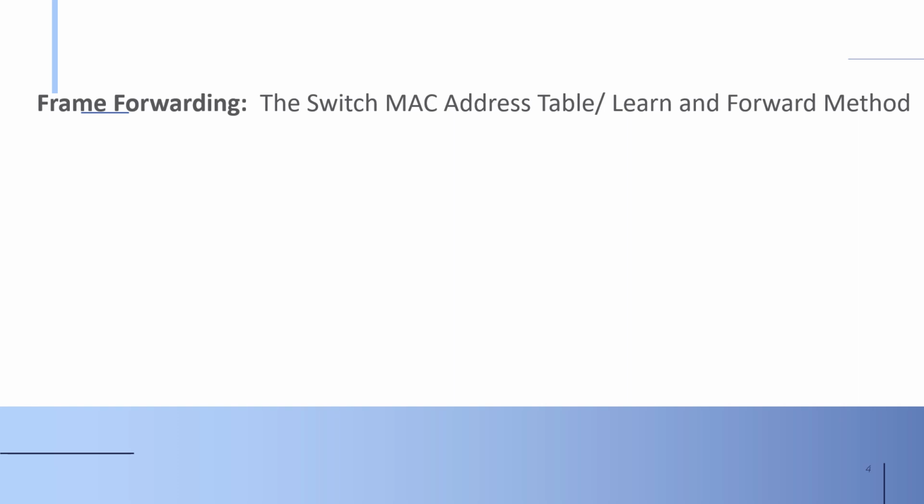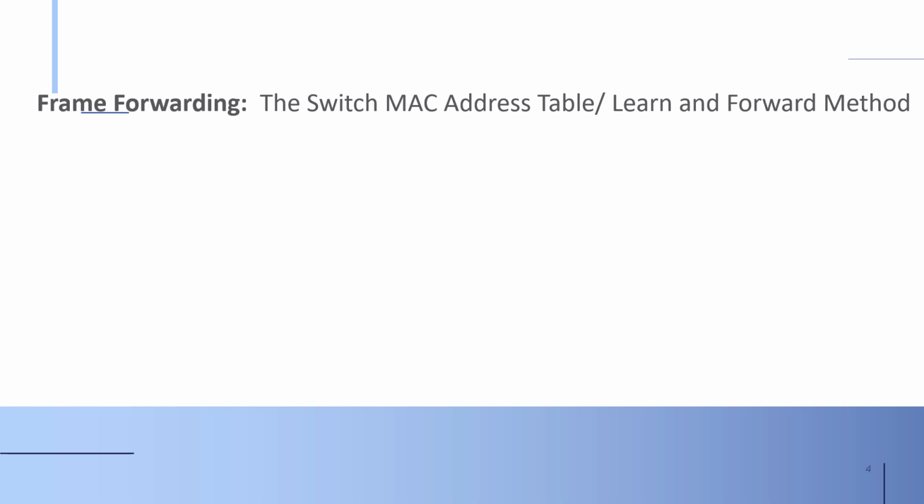As the switch learns the relationship of ports to devices, it builds a table called a MAC address table. This table is stored in content addressable memory, which is called CAM, a special type of memory used in high-speed searching applications. For this reason, the MAC address table is sometimes even called a CAM table.